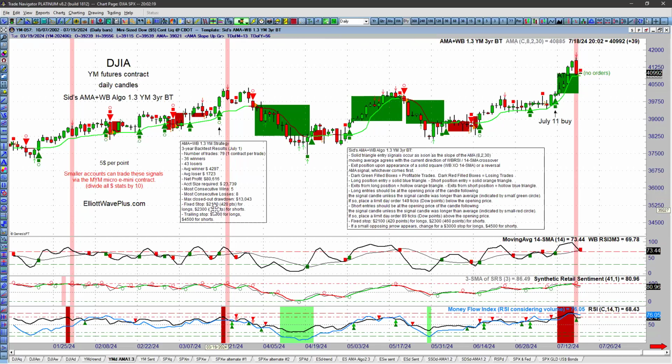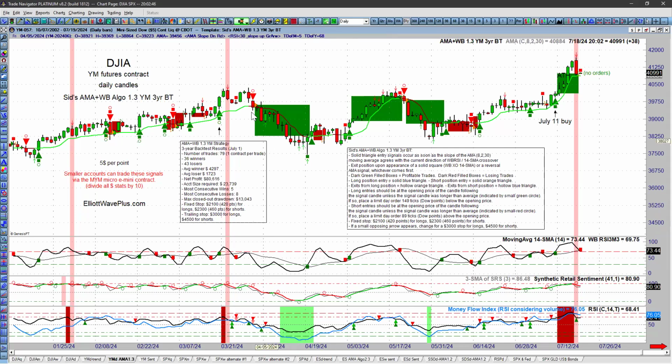And I test for the initial stop size for longs and the fixed stop size for shorts. And I also back test for the optimum trailing stop size. So at the point that it does suggest a trail, how big that trail should be, and also to test for the size of the trail for short positions.